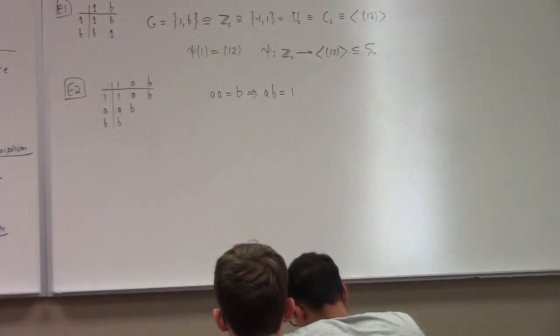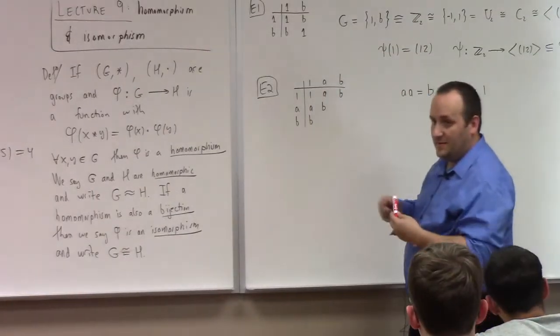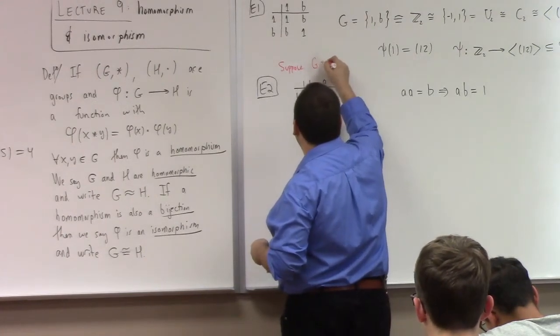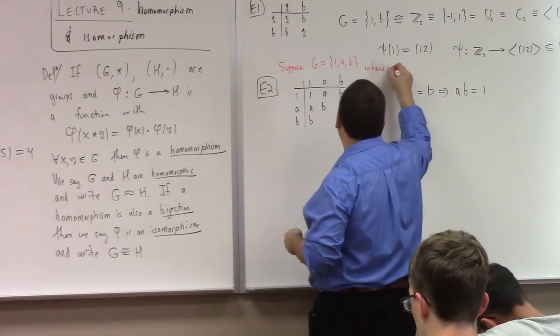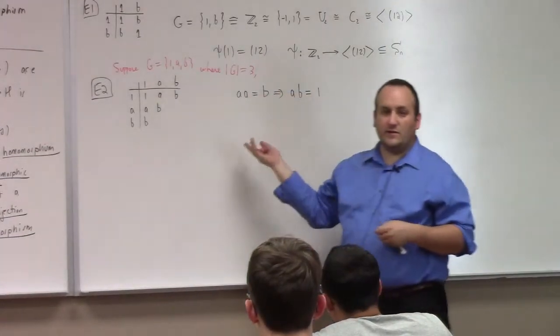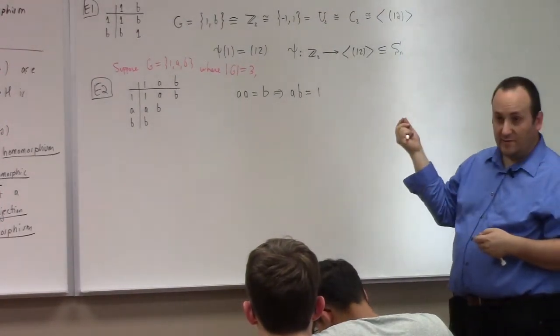Well, suppose, I mean, we're trying to think about what is a possible group of order 3, right? So suppose it's got three elements in it, 1, A and B. So suppose that G is equal to {1, A, B}, where the order of G is 3. This was actually in an earlier section, right? But the question is, what's the possible Cayley table?